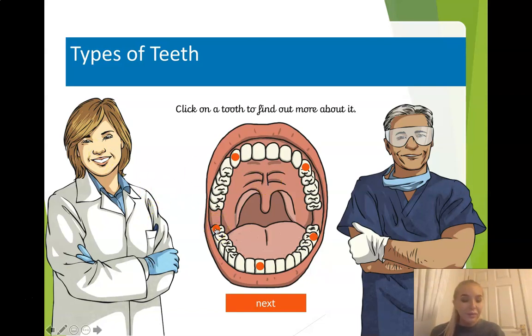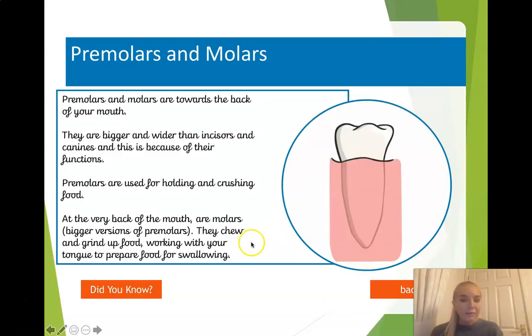As we said, the premolars are used for holding and crushing the food, and the molars are bigger versions of the premolars, but they grind up the food. This helps your mouth prepare to swallow your food.